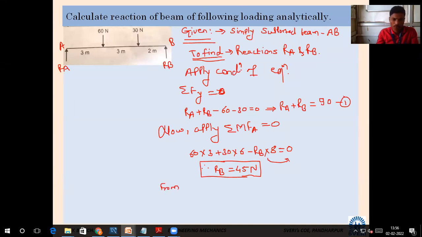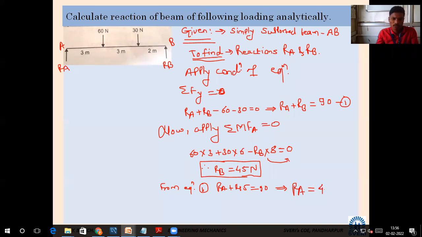Okay, from equation 1. What is equation 1? Ra plus Rb. The value of Rb we have calculated, 45, so the equation equals 90. What will it give? Ra equal to how much? 45.